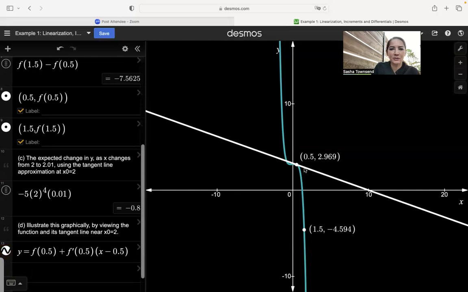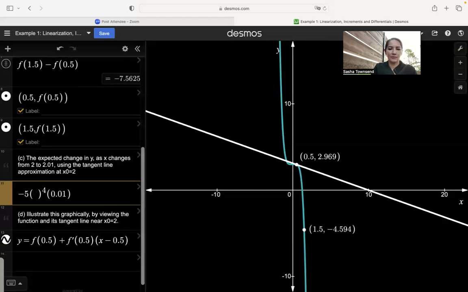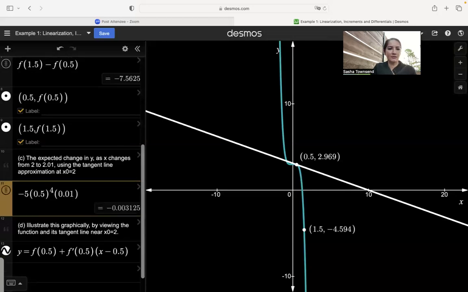The actual change in y was that negative 7.56, but the expected change in y is negative 5 times 0.5 to the 4th times 1, because our dx is now 1.